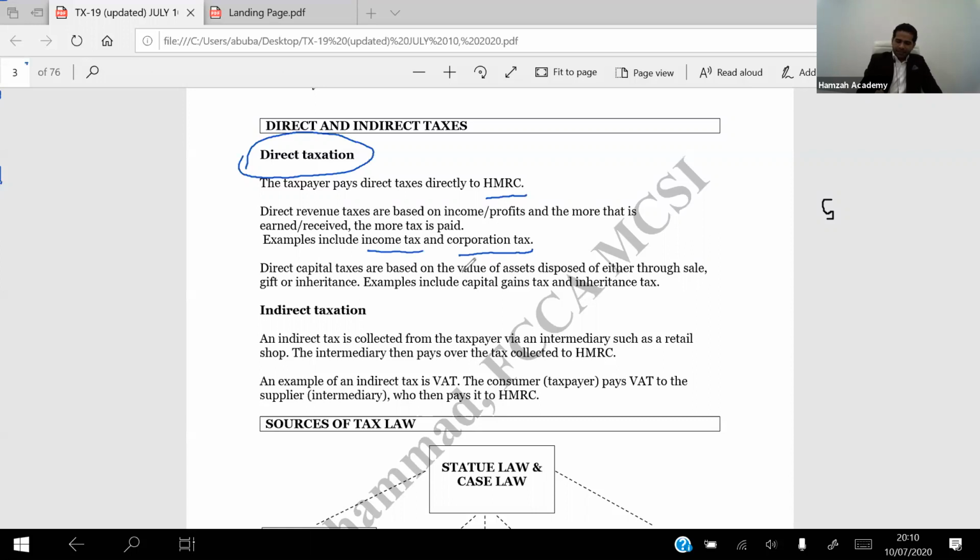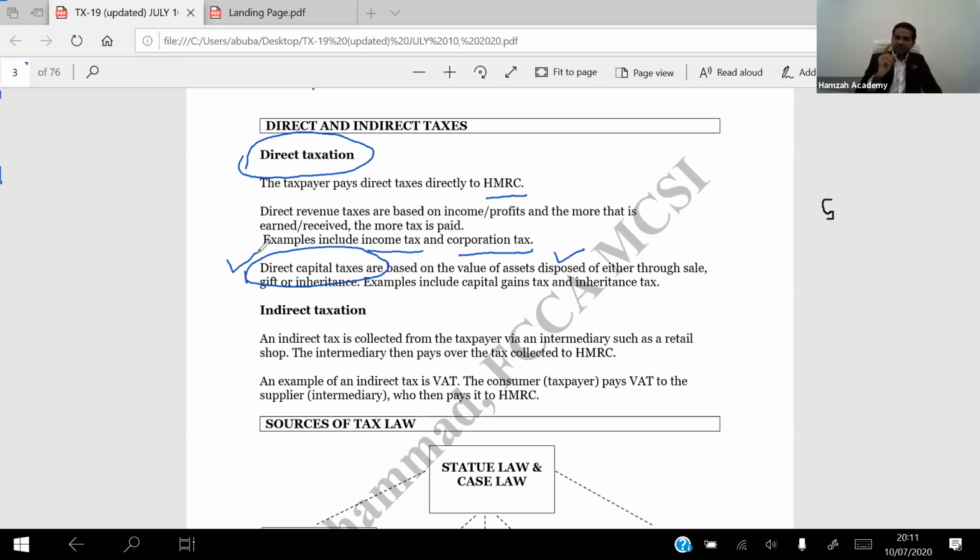Direct capital taxes are based on the value on disposal. Again, you can see why capital taxes are included in the definition of direct taxes. I will sell this asset and I will be the one liable to pay HMRC that tax portion of the gain.